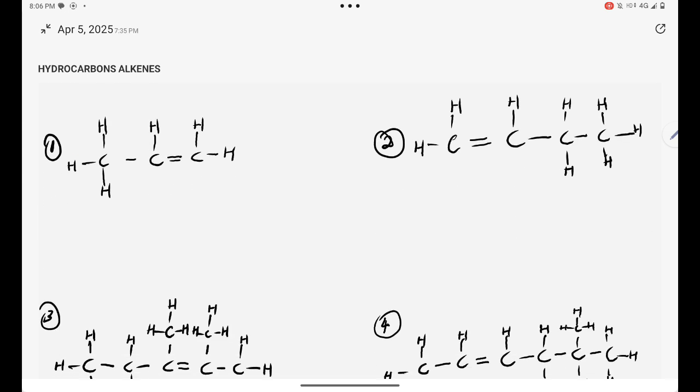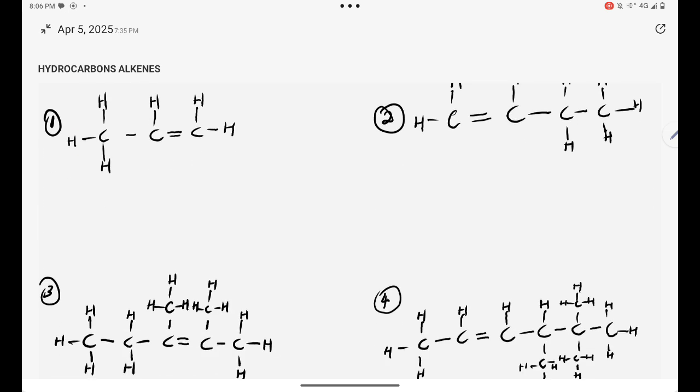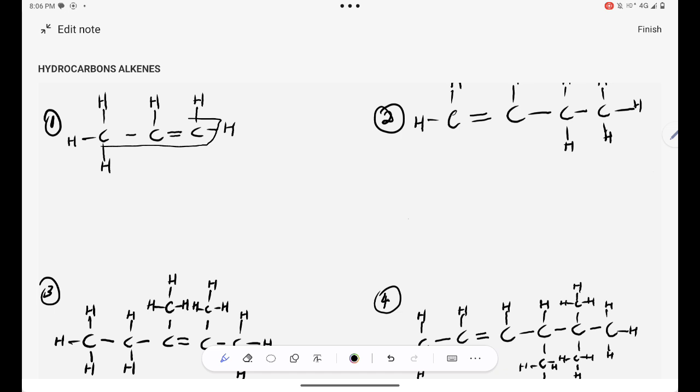Okay. For the first one, I have three carbons on my parent chain. Remember that, guys, whenever I start counting, I must always start from the carbon which is closer to the double bond. So this will be carbon number 1, 2, excuse me, and 3.